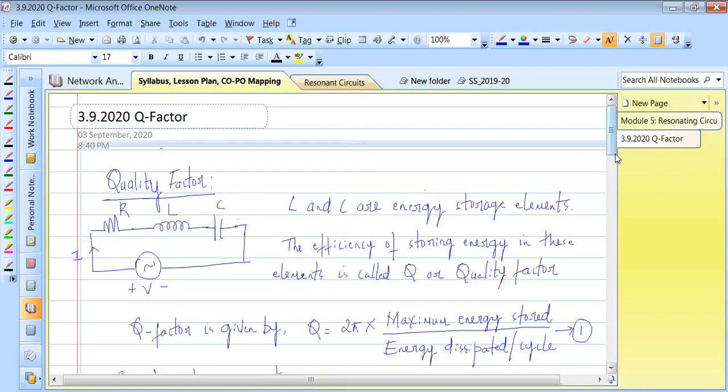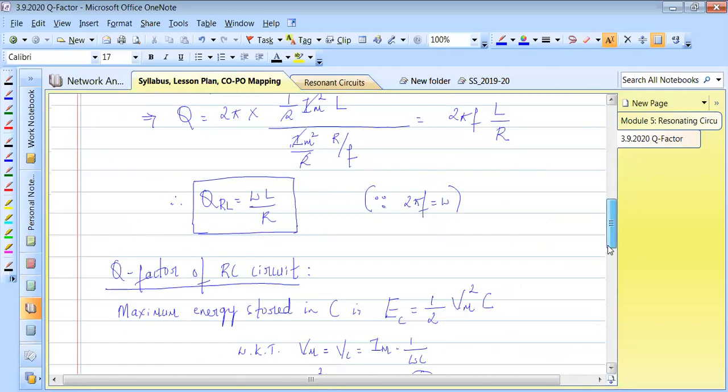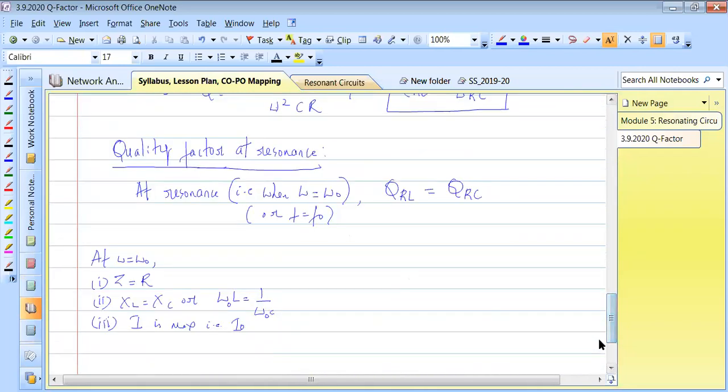What is the fourth thing that we have learned? Quality factor of RL circuit would be equal to quality factor of RC circuit. Just make a note of all this somewhere, everybody. You have made a note of, I think. So if you have made a note of this somewhere, this point should also come along with this.